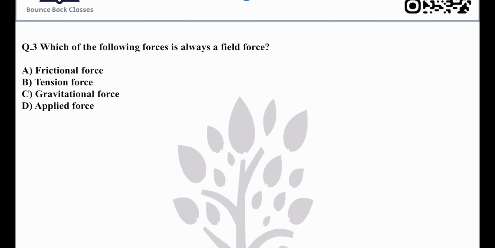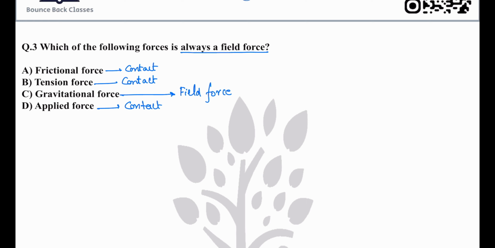Which of the following forces is always a field force? Always. Okay, friction, I told you this is contact. Tension is contact. Applied force is contact. Only gravitational force is your field force.